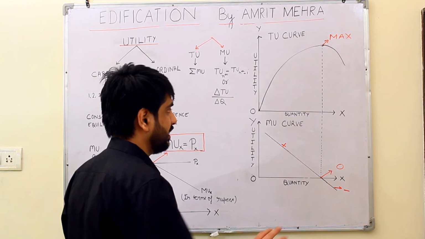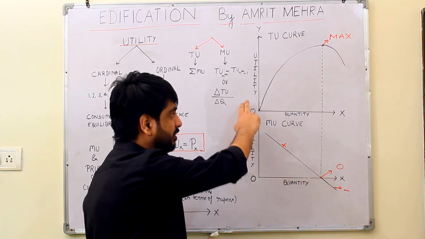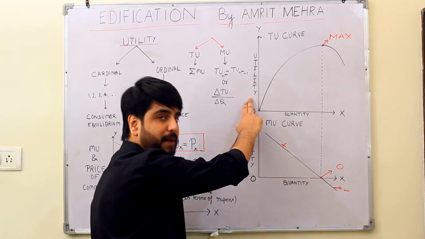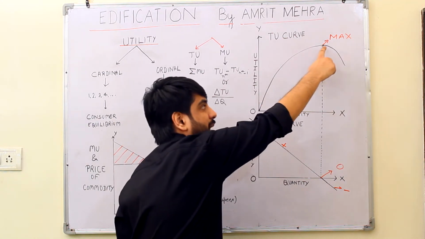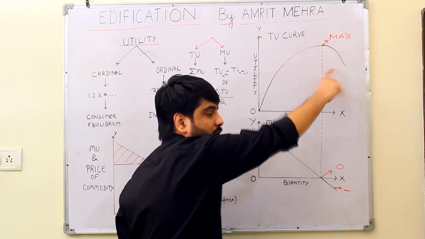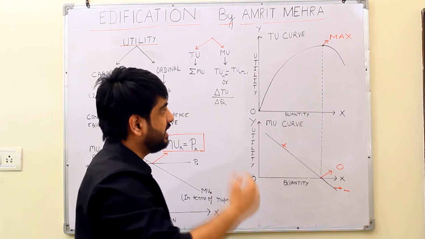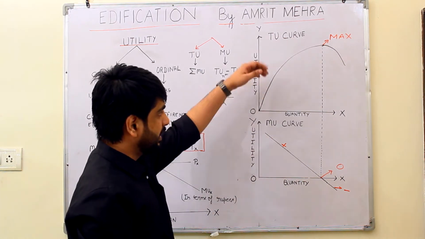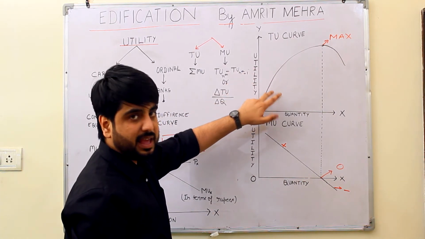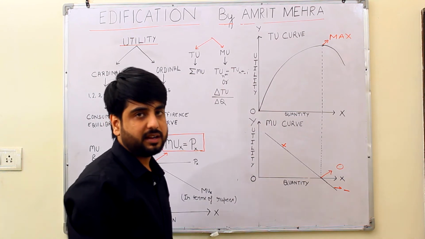In the beginning, the total utility which is being expressed in the upper panel is increasing. It is reaching till maximum, then it is falling down. Now this increase is at a decreasing rate.